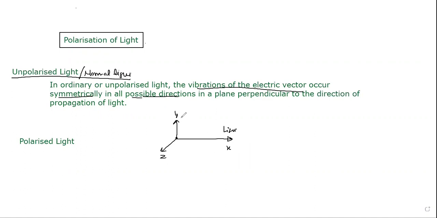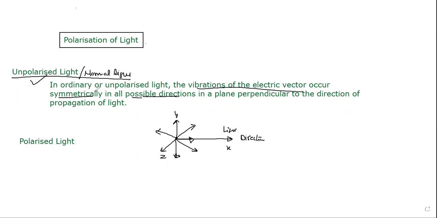Like this. So if I say unpolarized light or normal light, then what happens? The vibrations of electric field or electric vectors are in all possible directions, symmetrically, and always in a plane perpendicular to the direction of light. Light is going in the x direction. This is the direction of light. Okay, x direction. Then the vibration of the electric vector will be in all directions in a plane perpendicular to the direction of the light.